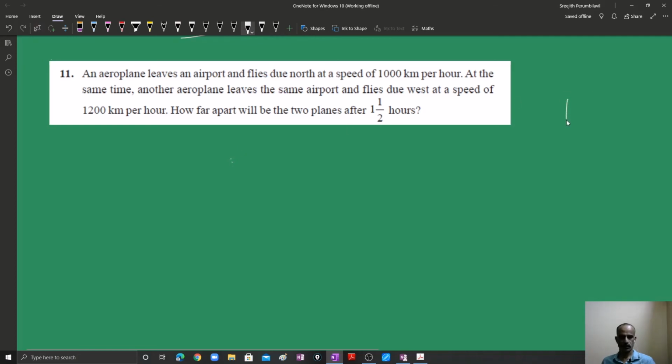Okay, so we have north, east, west, and south. One airplane leaves due north at a speed of 1000 km per hour, so one is going in this direction.